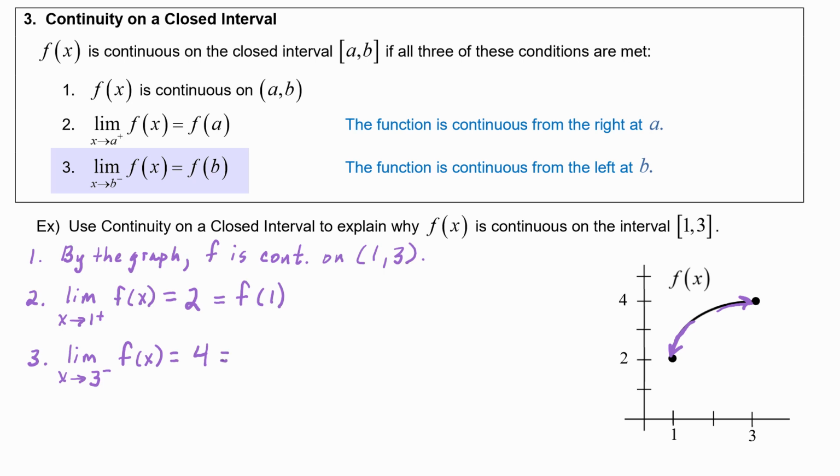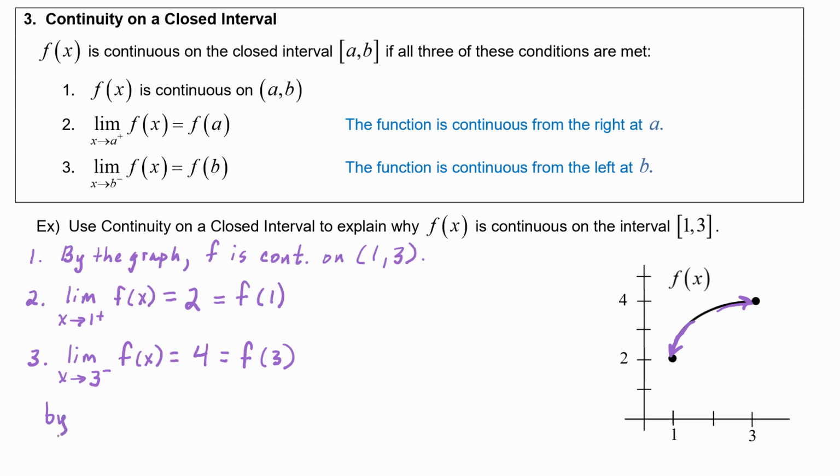And that's also the function value at x equals 3. So that equals f of 3. So we just showed that this f of x is continuous from the left at x equals 3.